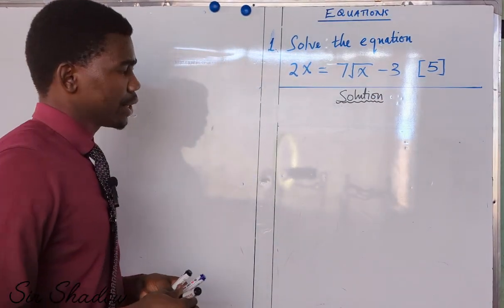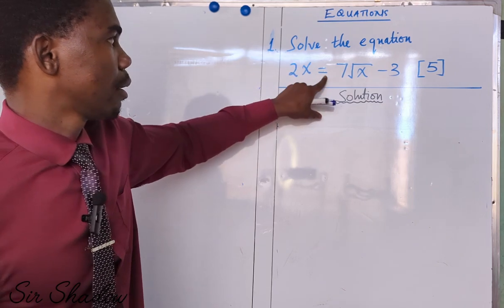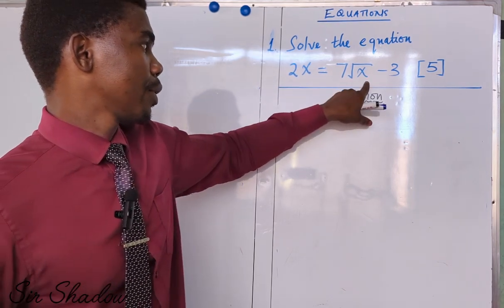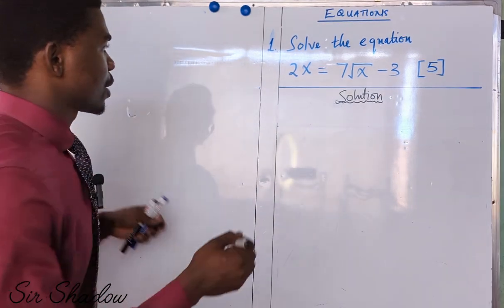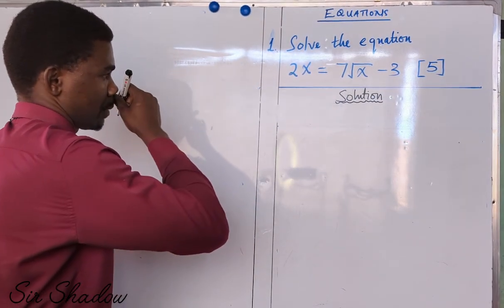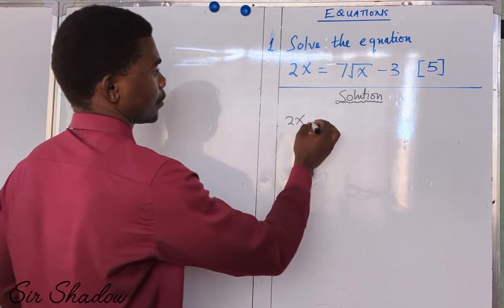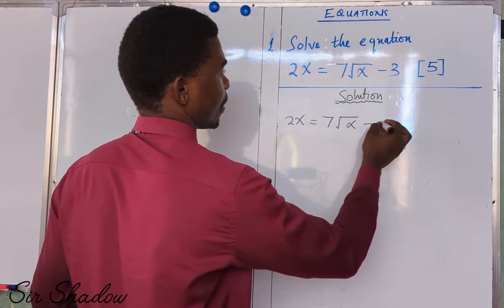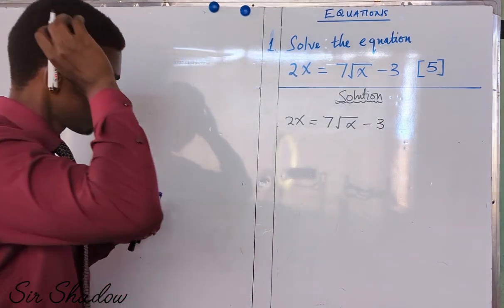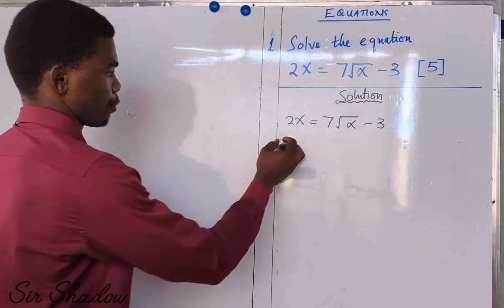So for the solution here, we are given 2x = 7 root x minus 3. Let me just remove this square root.